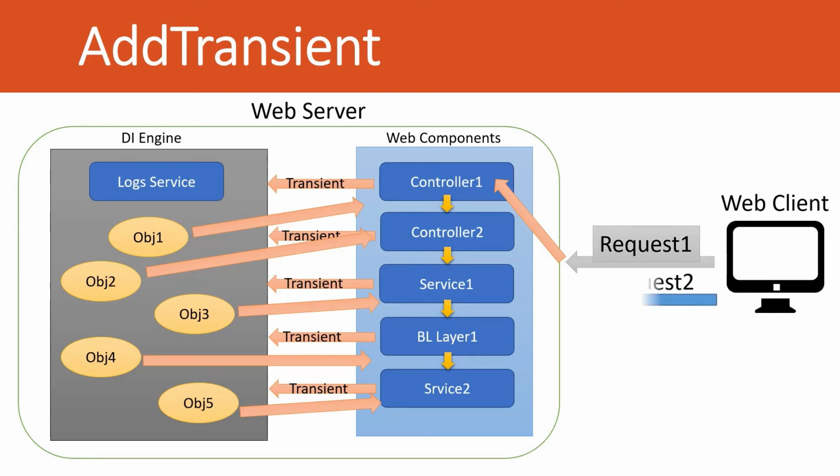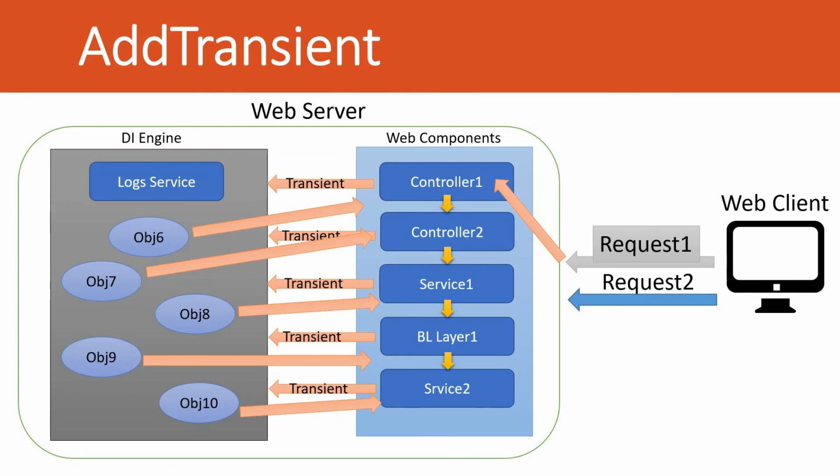So I'm making request 2 from the web client. Request 2 goes to controller 1, which requests the DI engine for the object. This time the DI engine will create all brand new objects, a new set of objects, object 6, 7, 8, 9. Because all the requests are brand new, it will create a new object for every DI request.